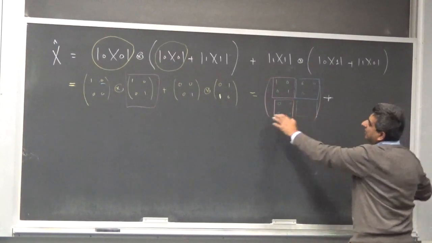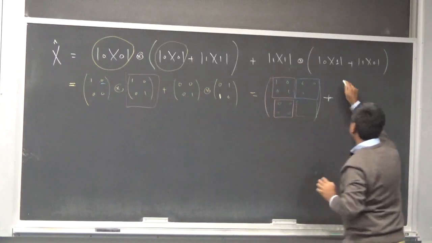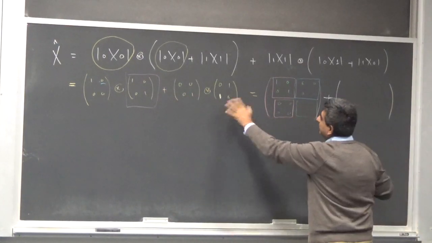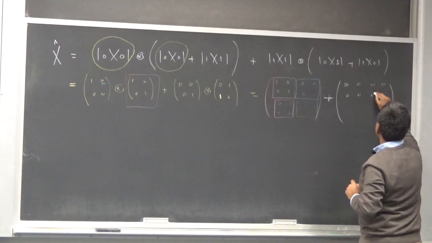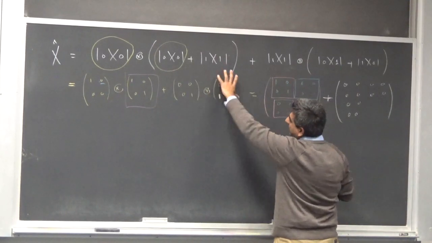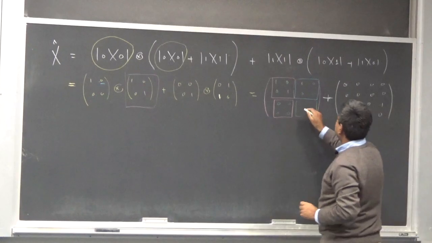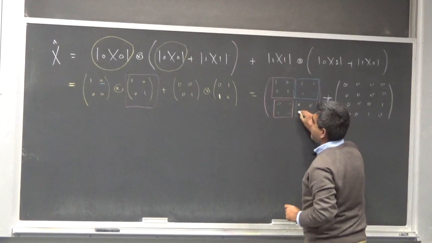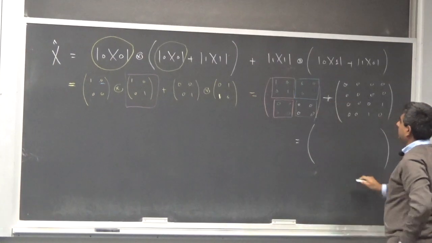Likewise, if I were to do the tensor product of this matrix with this matrix, I'll end up with zeros everywhere, but this one, when multiplied with this matrix, I end up here. And now when I add these matrices, see what I get?